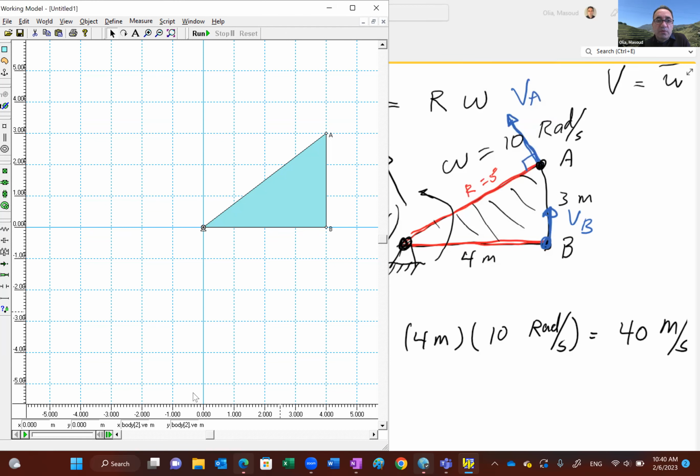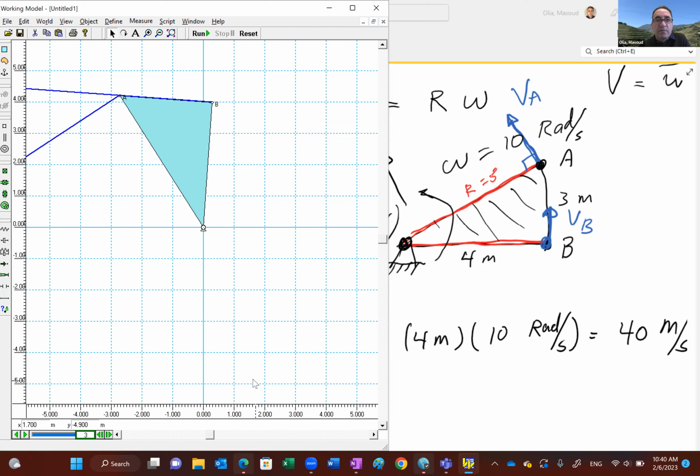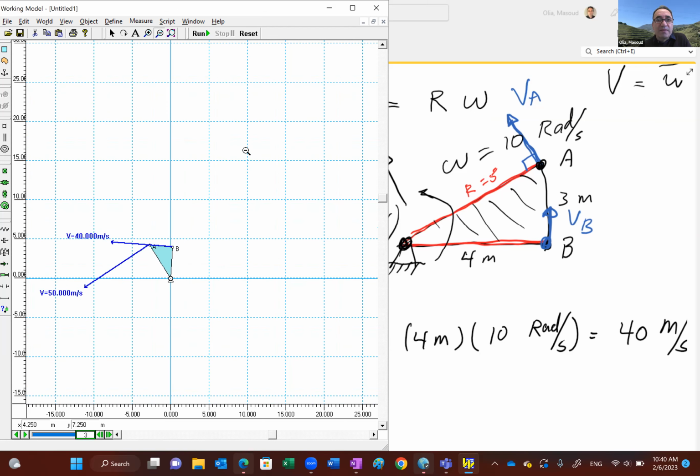Okay, so look, if I run it slowly, look what happens. We just go around. These velocity vectors are relatively large, so let me zoom. There we go, I made it small.